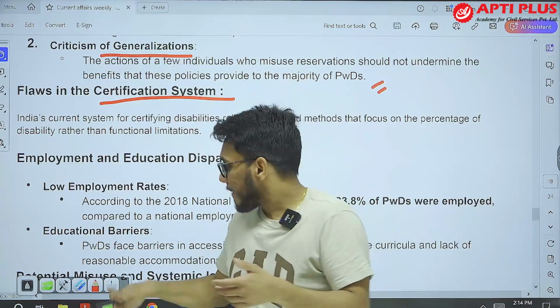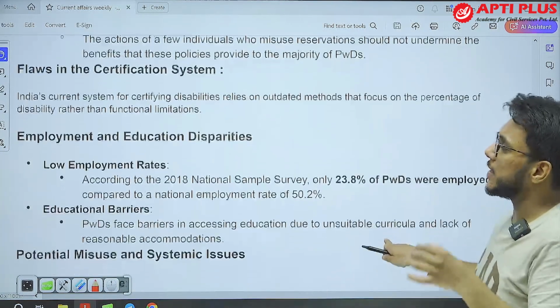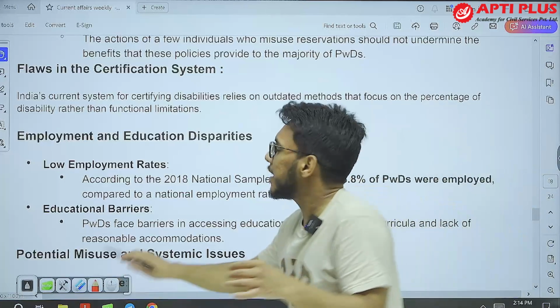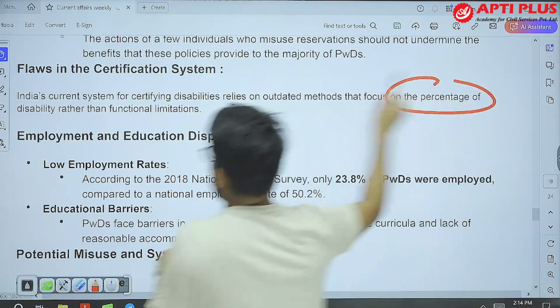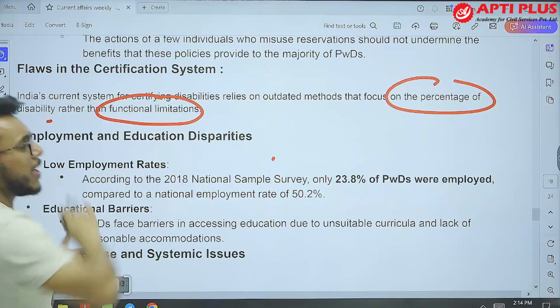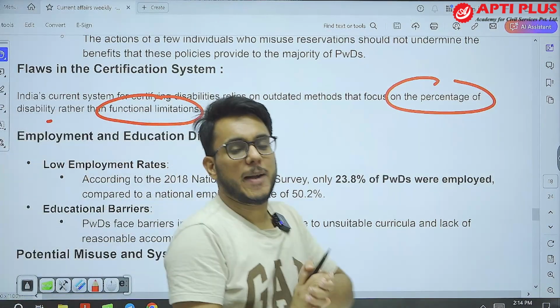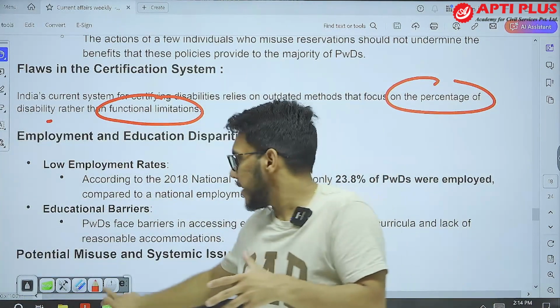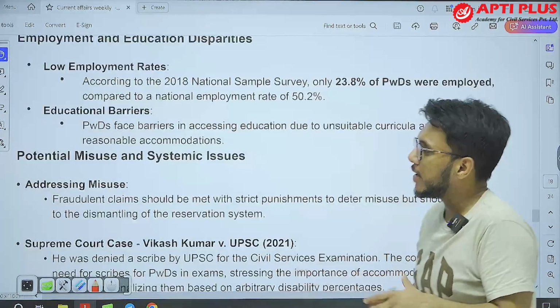Now, the present system focuses on the percentage of disability and not on functional limitation. That is wrong, and it needs to be changed.